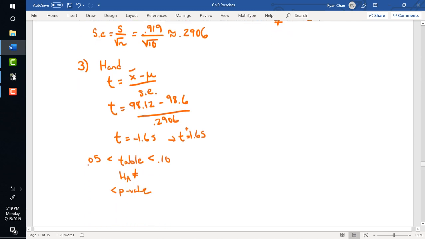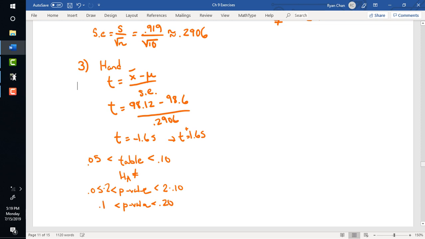So my p-value will be 2 times 0.10 and 0.05. So p times 2. So my p-value is between 20% and 10%. Okay, so what does that mean? We're saying the likelihood of this happening is between 10 to 20%.